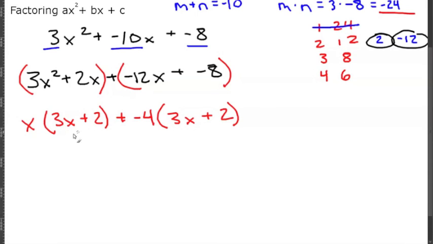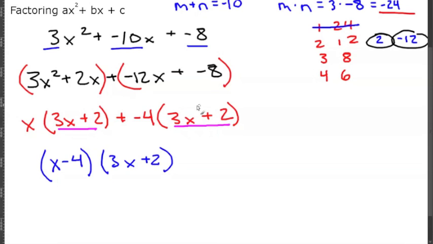Again, you're going to see that you have similar terms multiplied to a variable or a number. Since those terms are equal, we can say that that's equal to x minus 4, or plus a negative 4, times 3x plus 2, because we're multiplying this 3x plus 2 by a negative 4 and the 3x plus 2 by an x.